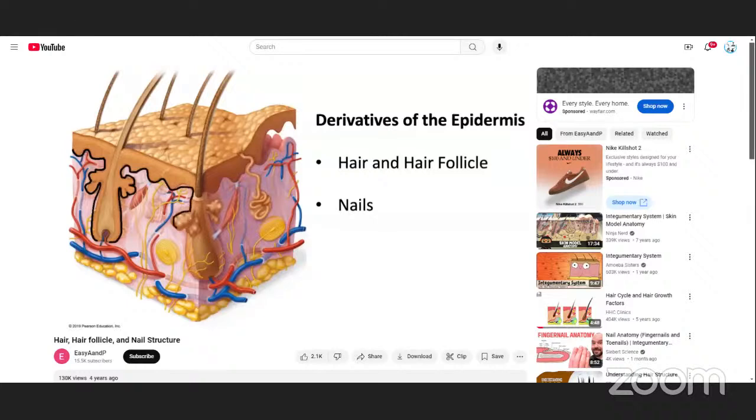And so these structures, exocrine glands, hair follicle, nails, they all have this in common. And what I'm trying to show is that it's actually an extension of the epidermis that is burrowing down into the dermis, and that's what's known as a derivative of the epidermis.